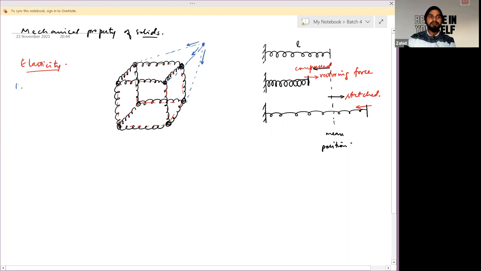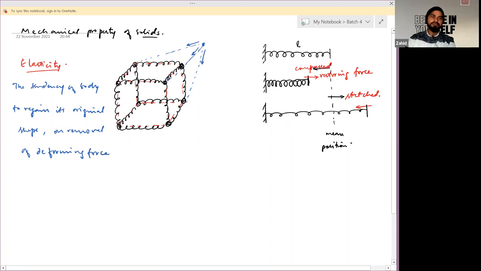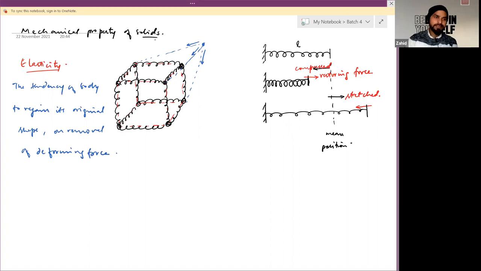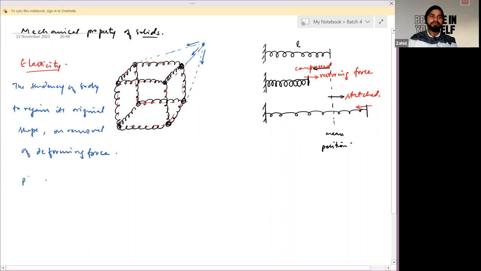Yes, sir. So you'll say the tendency of a body to regain its original shape on removal of the deforming force is termed elasticity, and the opposite of this is plasticity.